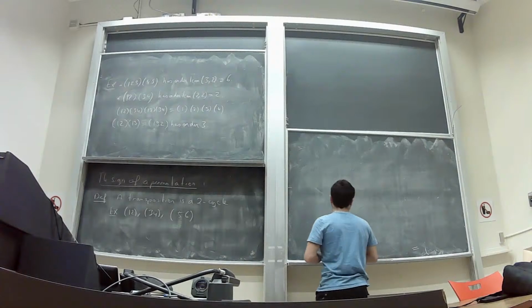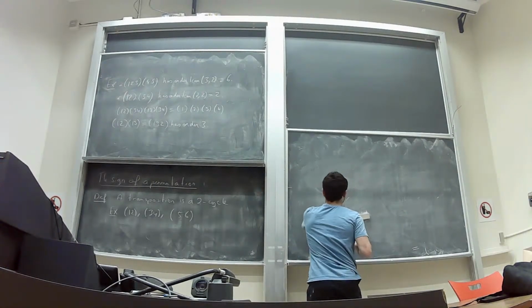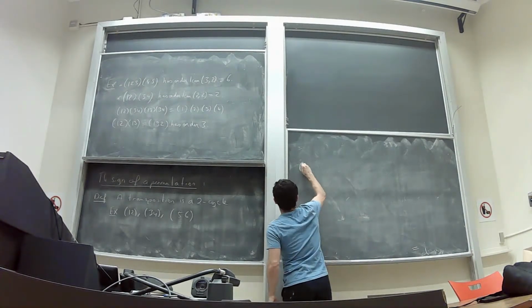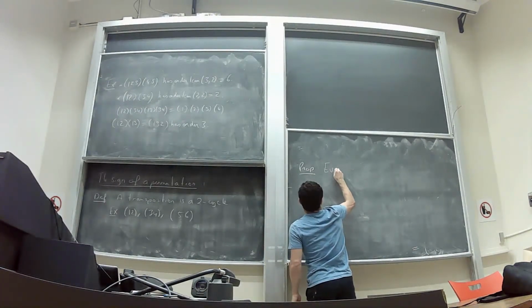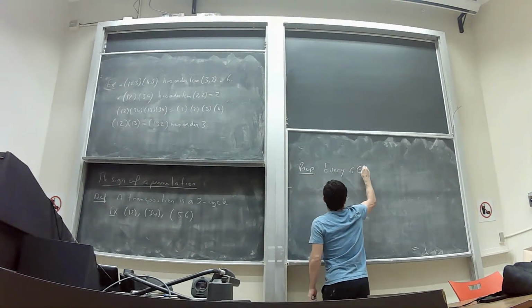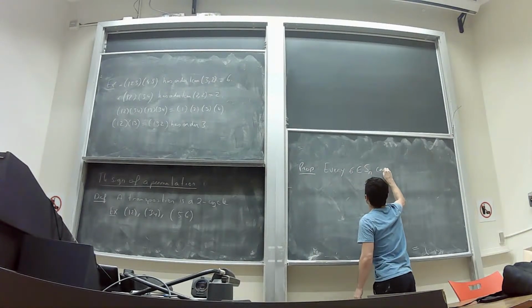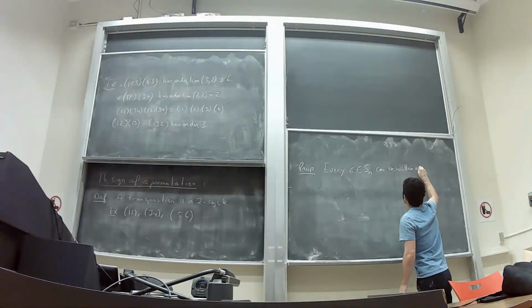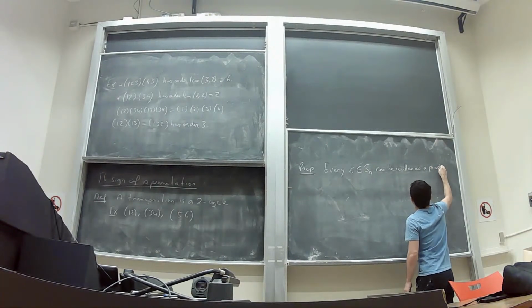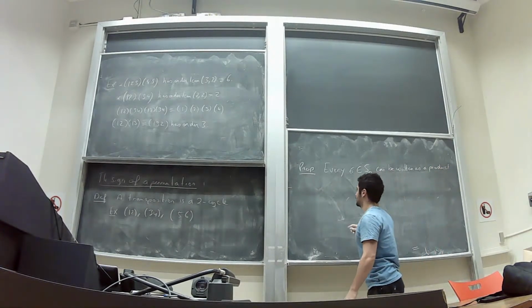Okay, now another definition. Here, proposition: every sigma in Sn can be written as a product of transpositions.